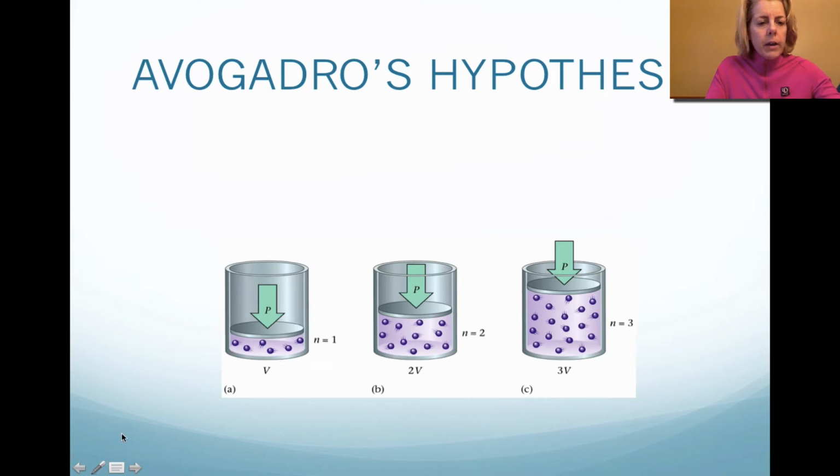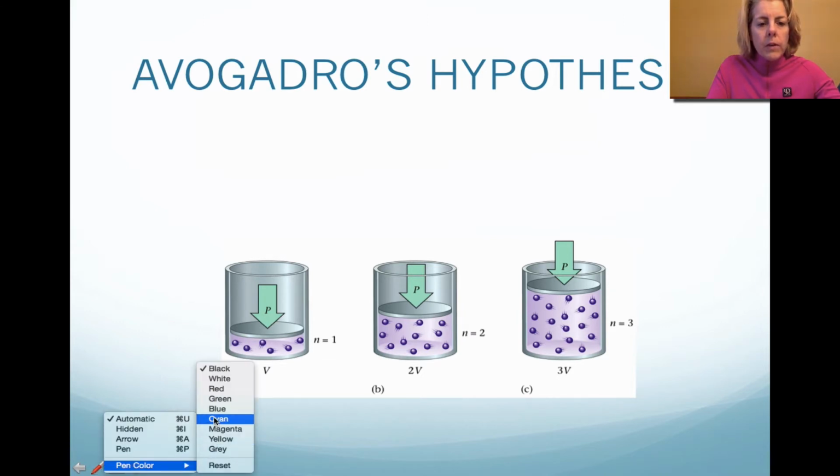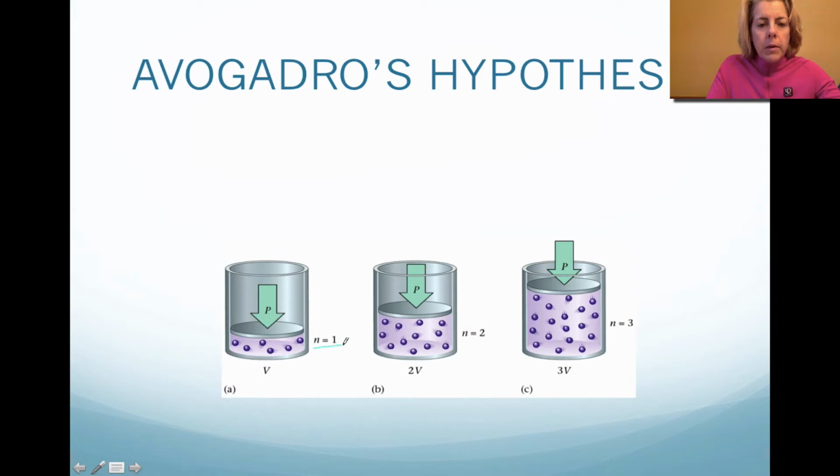Okay, so in Avogadro's hypothesis, there's a picture here which shows us that with a certain amount of moles, we have a specific amount of volume. And notice the pressure stays the same. When you increase the amount of moles, notice that the volume increases by that increased number of particles.